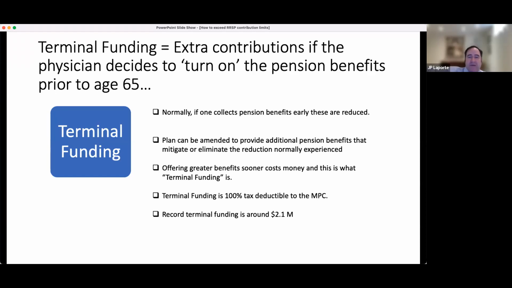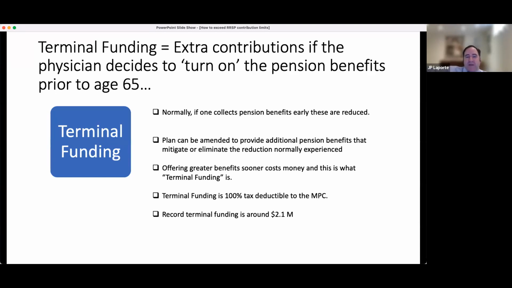You can still take dividends to supplement the pension benefits. So the standard of living, the monies that you're pulling out to pay for the groceries and the gas money and all the other things are still the same. But because we've turned on the pension, normally when you turn on a pension early, so before the normal retirement age of 65, the pension is reduced.